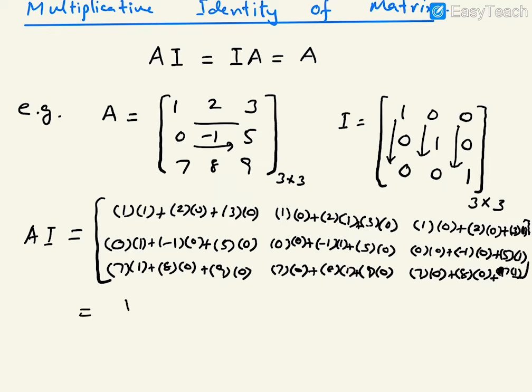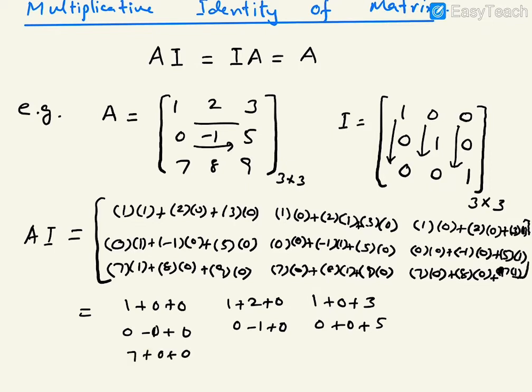So what we will get, 1 plus 0 plus 0, 1 plus 2 plus 0, 1 plus 0 plus 3, 0 minus 1 plus 0, 0 minus 0 plus 0, 0 minus 1 plus 0, 0 plus 0 plus 5, and similarly here 7 plus 0 plus 0, and 7 plus 8 plus 0, and 0 plus 0 plus, here also we have 0, 7 times 0 is 0, sorry, 9 times 1 is 9.